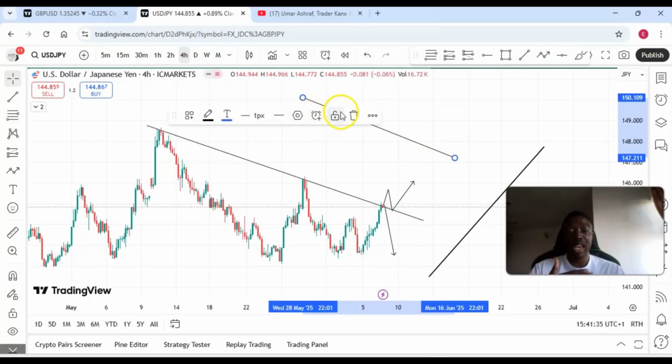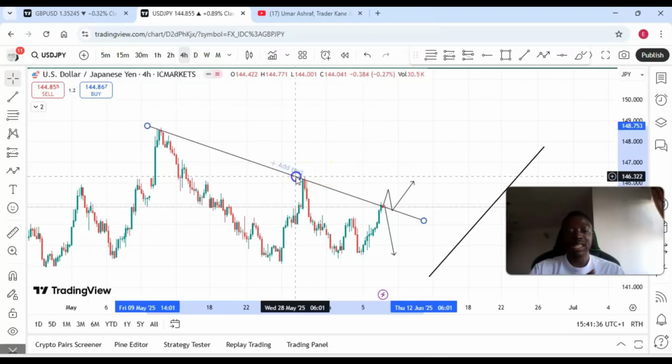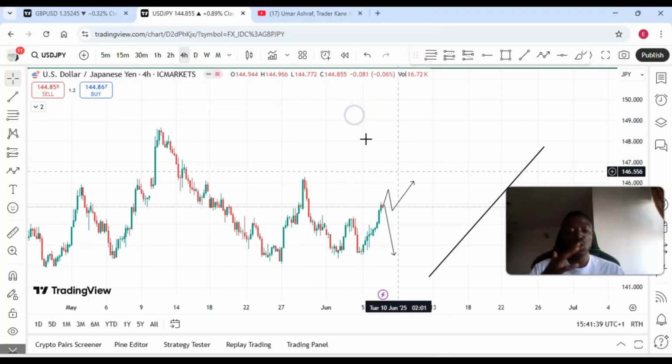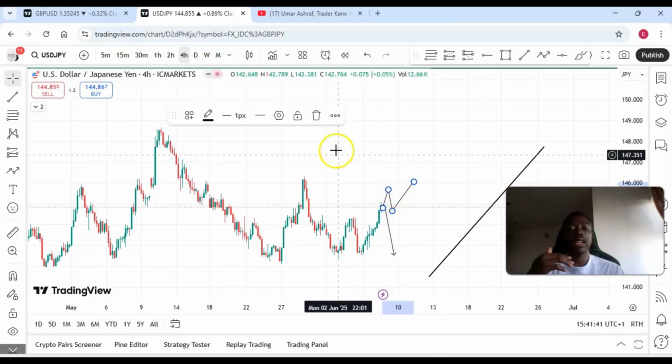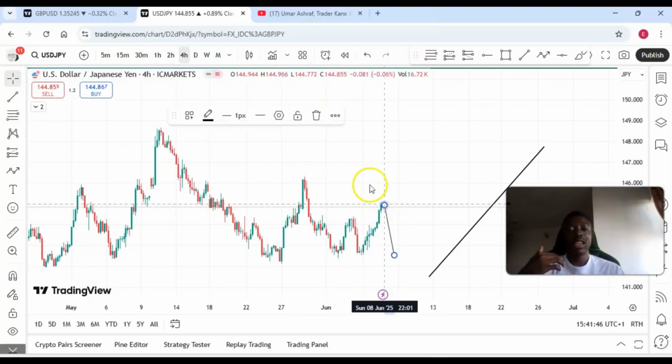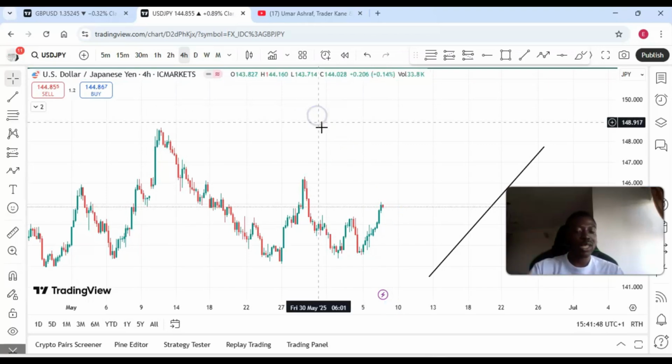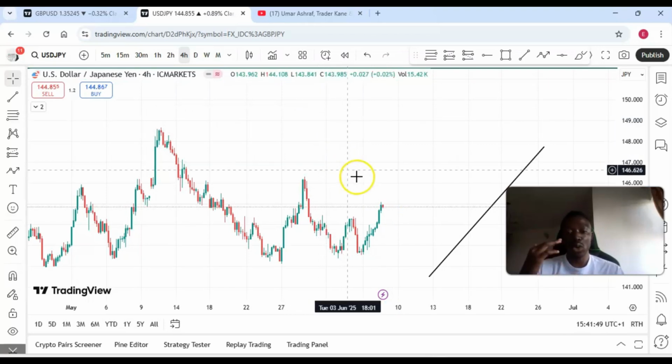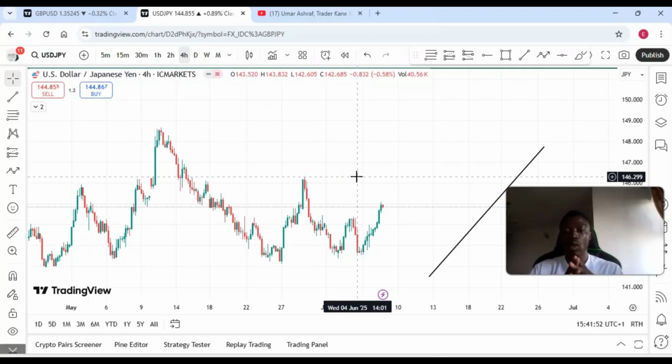Let's go now to an uptrend. The same rule applies. How to draw it: it must touch at least two low points, and the market should break the trend line, which is going to signal a sell, or the market should bounce off, which is going to signal a buy. The rules are all the same. The only difference is the direction of the trend.